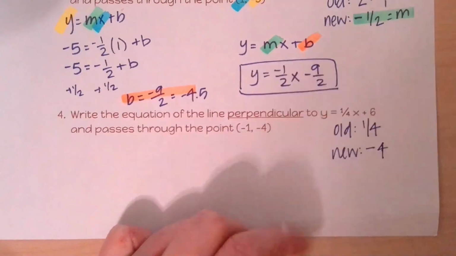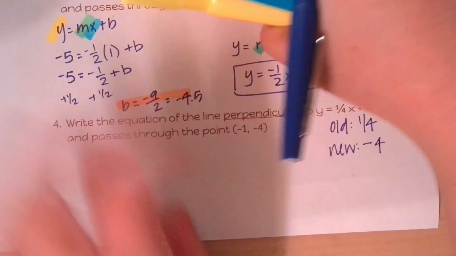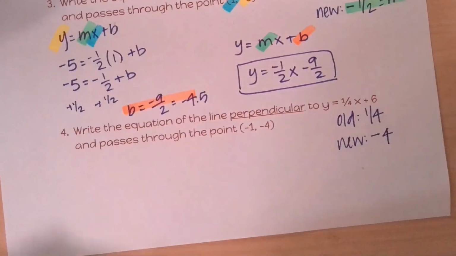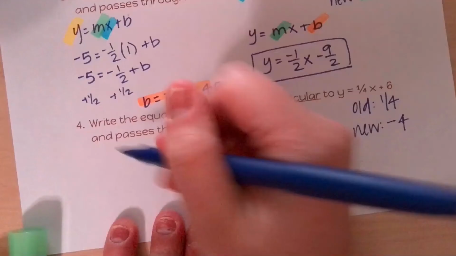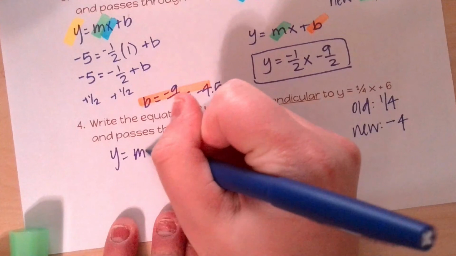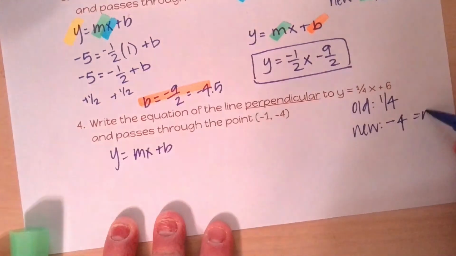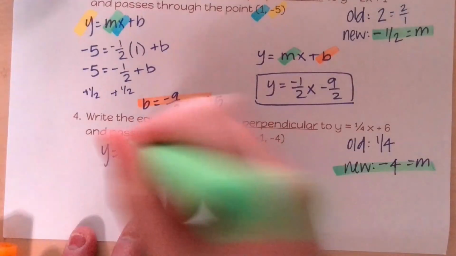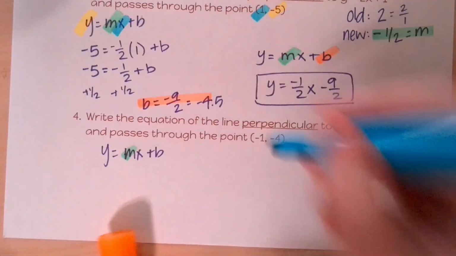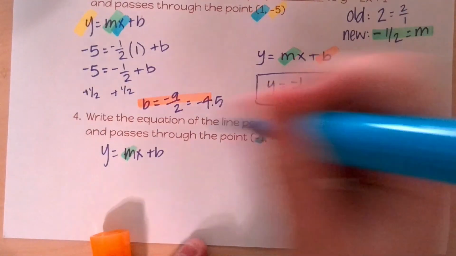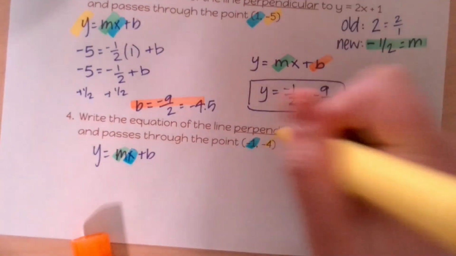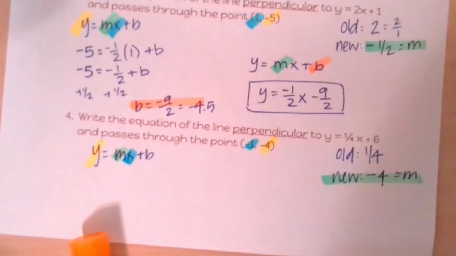All right, let me... There we go. Okay, so next step, we plug in y equals mx plus b. We have our colors. That's our m. Our x is negative 1. And our y is negative 4. Oops, that was some ugly highlighting.